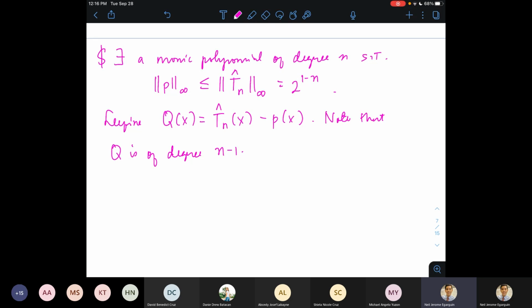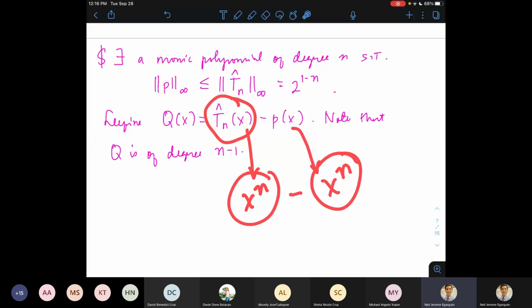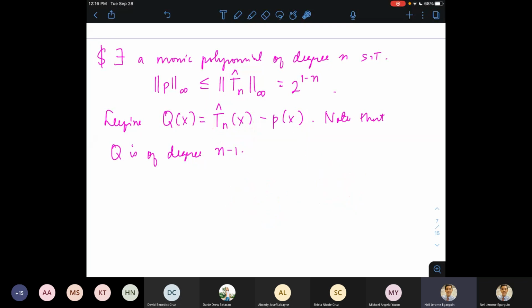Bakit siya degree n minus 1? Degree n minus 1 siya kasi si T hat ay monic, so meron tong x to the n. Si P of x ay x to the n din kasi monic siya, tapos degree n siya. So pag sinubtract ko sila, yung mga leading terms nila ay magka-cancel. So magzi-zero siya, kaya ang degree ni Q, sure ako ay at most n minus 1. Maybe let's qualify that is of degree at most n minus 1.